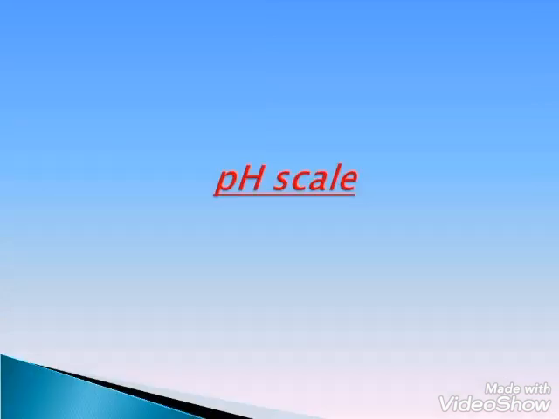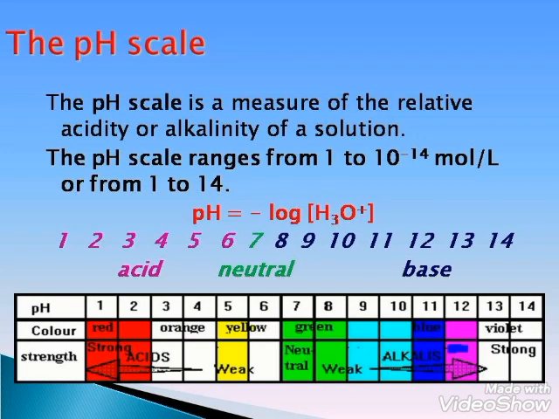Now let us discuss the pH scale. If we know the pH of a solution, what does the pH scale tell us, or how do we measure the pH? We have a pH scale, which is a measure of the relative acidity or alkalinity of a solution. The pH scale ranges from 1 to 14, in which pH 1 to 6 is acidic in nature, 7 refers to a neutral solution, whereas 8 to 14 refers to an alkaline solution.